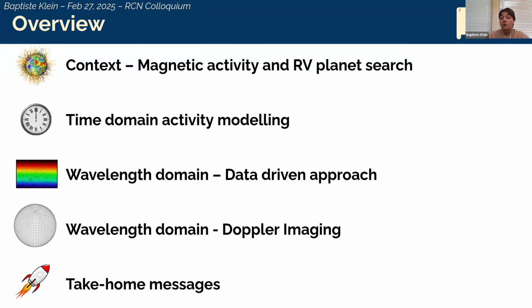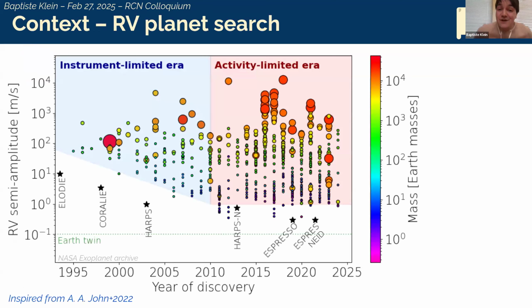Then I will see how wavelength domain-based methods can help us using two approaches, one more data-driven, linked to SCALPELS, where you try to build a basis and project your radial velocity on it, and a method that completely bypasses the RV, which is Doppler imaging, on which I've recently made progress. So that's the overview today, and let's get started with the context.